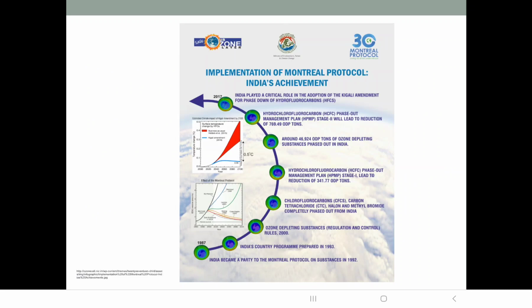See, this is a very good illustration of the implementation of the Montreal Protocol, how India has implemented the provisions of this protocol and what its achievements are, and they are very significant. At the bottom you can see that in 1987 the Montreal Protocol, the agreement, came into force.